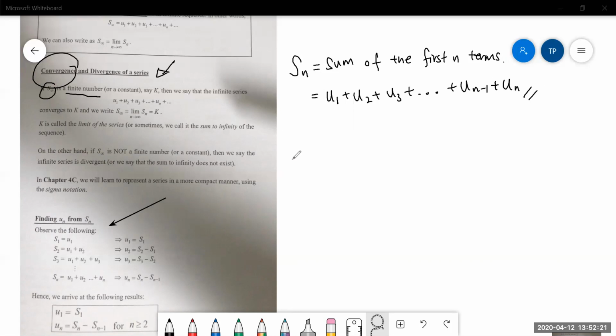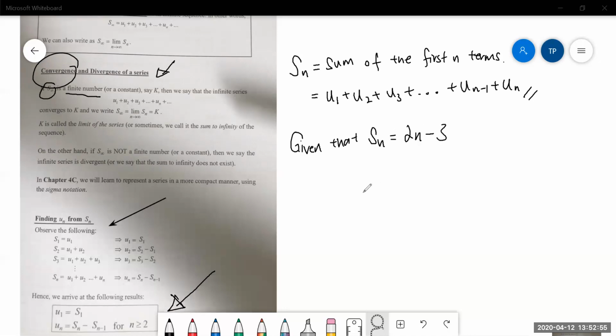Actually, your school shouldn't have taught this first, because in this case you'll be a bit confused about why and how to apply it. So now I teach you how to apply it. Sometimes in a question, they will tell you that Sn is equal to 2n minus 3.